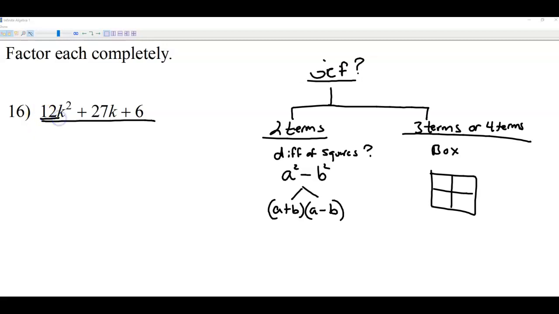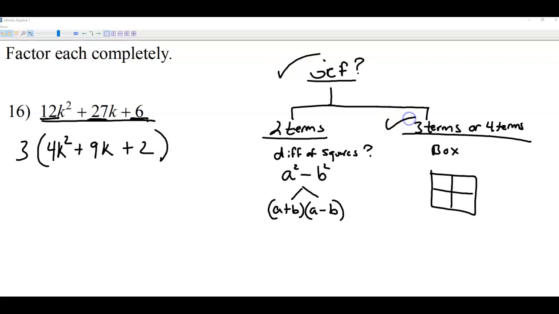But is there anything that can divide into 12, 27, and 6? There is. It would be a 3. So if you divide a 3 out of those numbers, 12 divided by 3 would be 4. 27 divided by 3 would be 9. And 6 divided by 3 would be 2. So I took out my GCF.